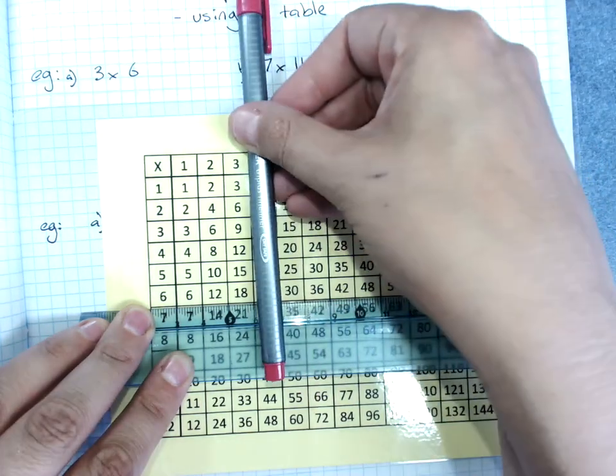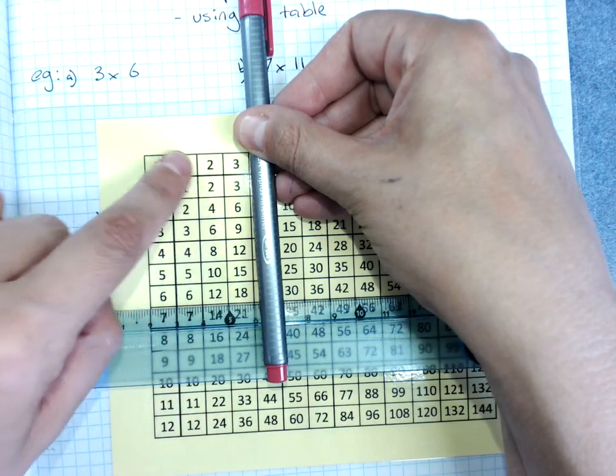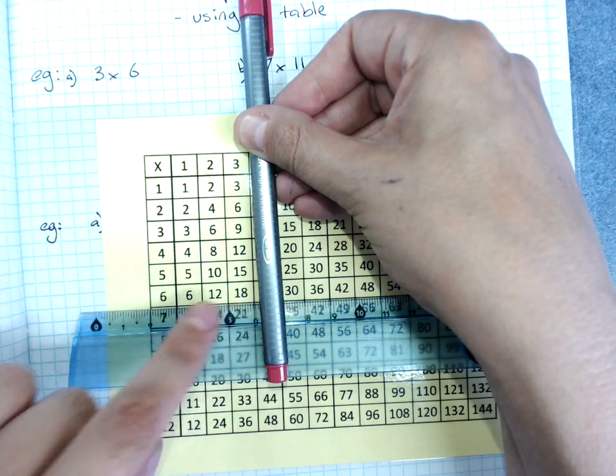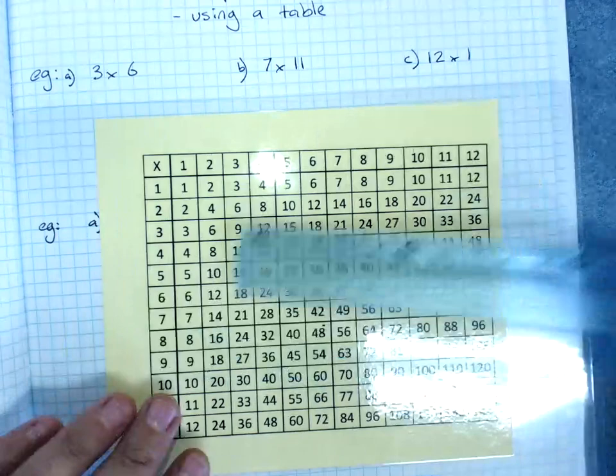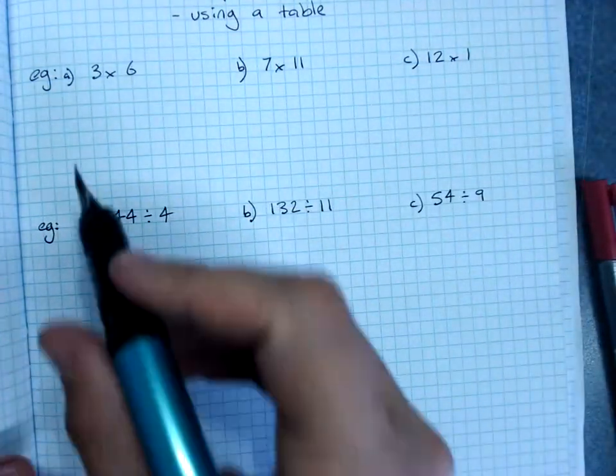So, carefully using a ruler and a pen there, that says 3 times 6 is 18. And that's 3 lots of 6. 6 plus 6 plus 6, that's 18. That's correct.